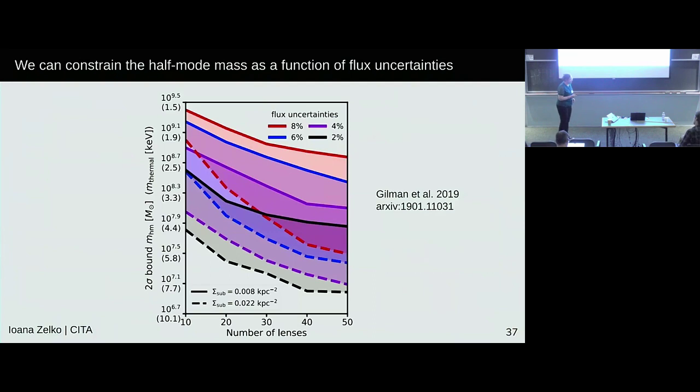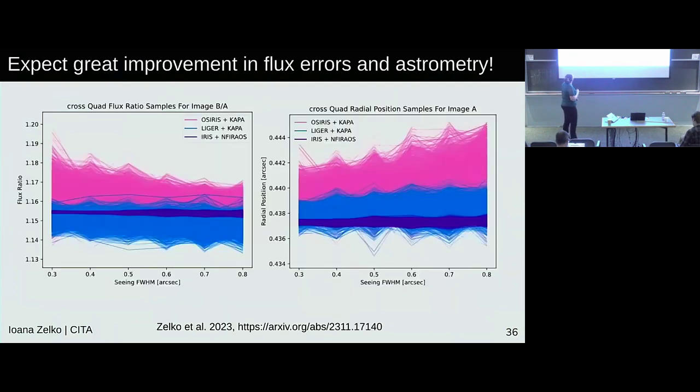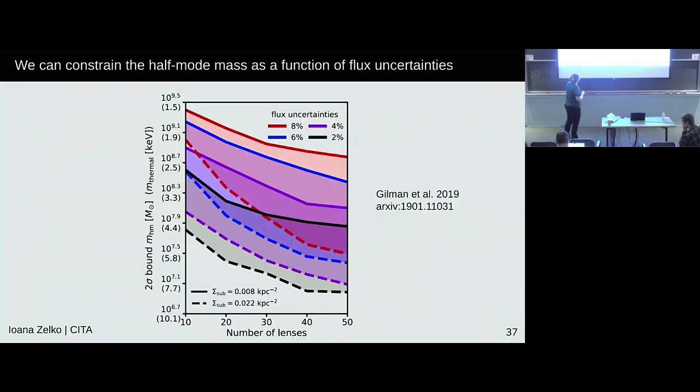In this work, what we saw was that the flux ratio uncertainties are actually going to be below 2%. So we're actually going to go under this prediction, which was stopping here at 2% and at 10 to the power of 7 solar masses.